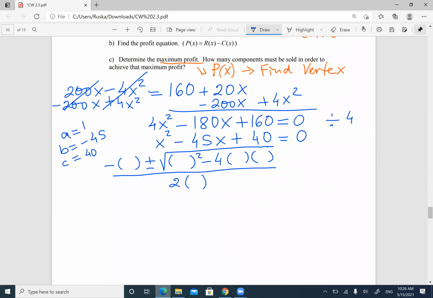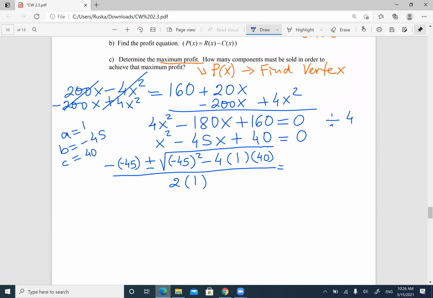And I'm going to plug it in. So I have negative B, which is negative 45, then negative 45 squared minus 4AC over 2A. And then I'm going to simplify.